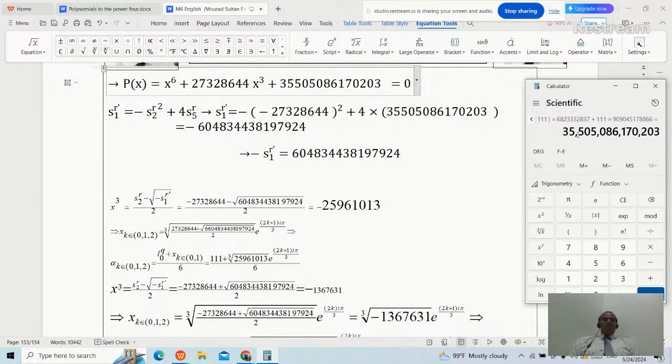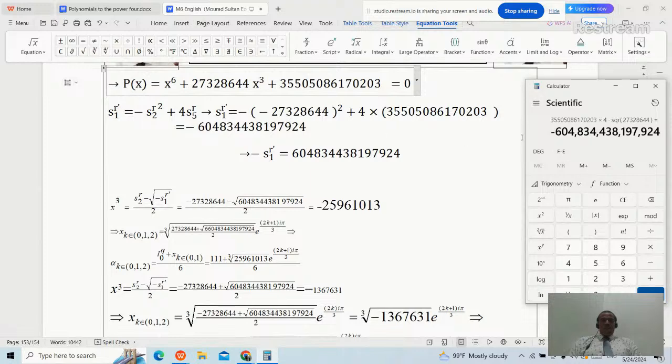As this one is written, I will multiply by 4 immediately. Multiply by 4 minus what? Minus 27,328,644, of course, raised to the power 2. I will obtain this value. It will be negative 604,834,838,197,924. It's the same value as this negative sign, 60, 48.